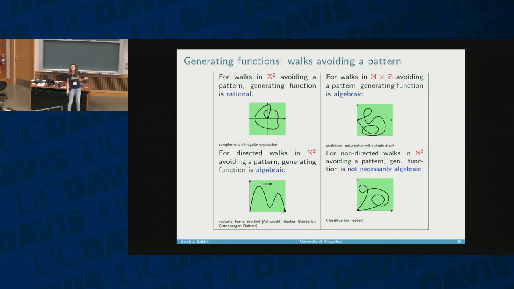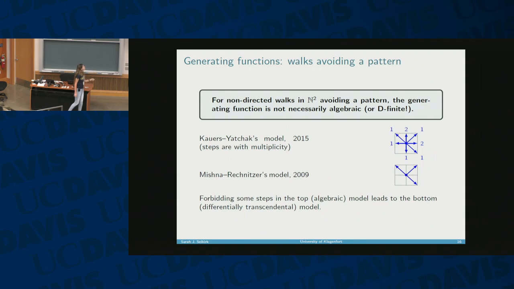With walks in the quarter plane, the answer is usually yes. So here's an example of a model which is algebraic. The numbers indicate the multiplicity, so this just means we have two unique steps in this direction. If you avoid a pattern, which you could see as just a set of steps, a pattern of length 1 or several patterns of length 1, then you can get to this model, which is known to be transcendental.